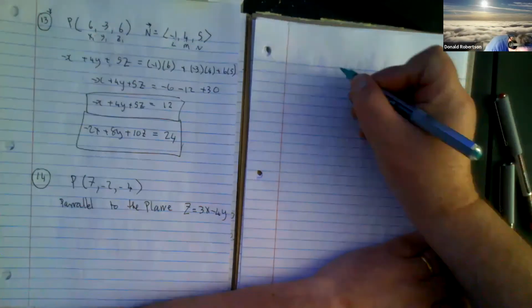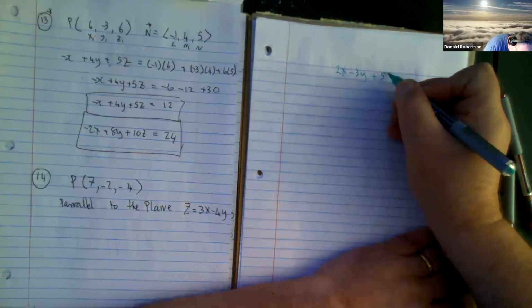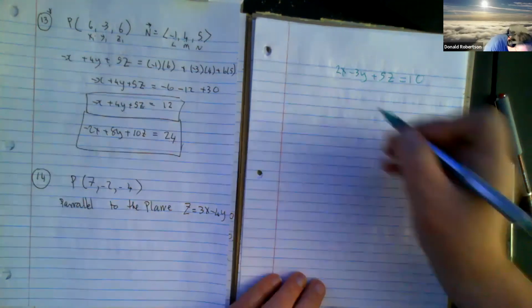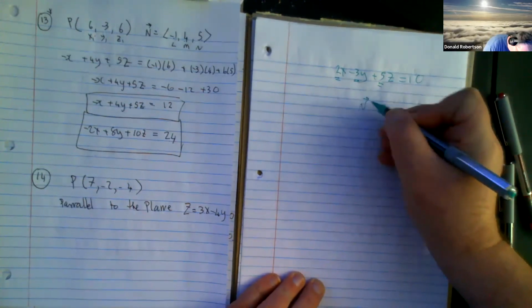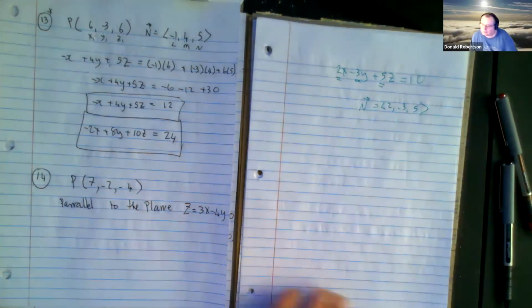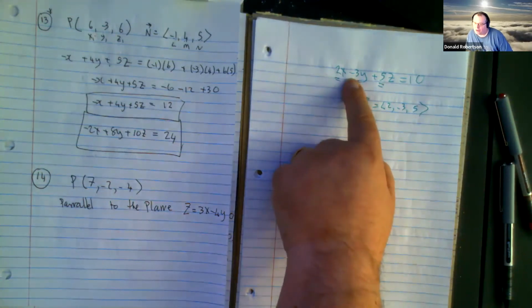If I tell you a plane has the equation, that guy, if you pull out these three numbers, isn't that the normal that was being used? Agreed? So many x's, so many y's, so many z's.